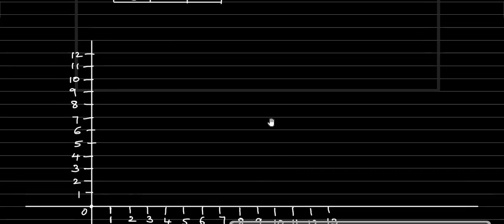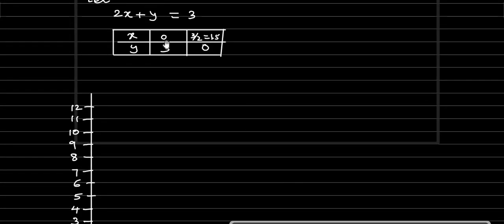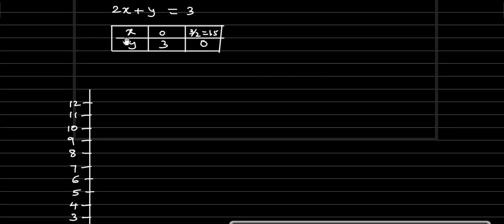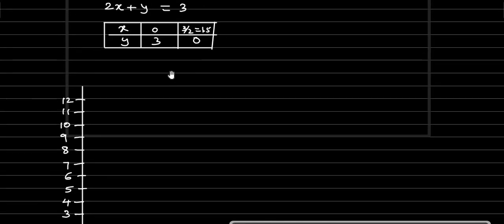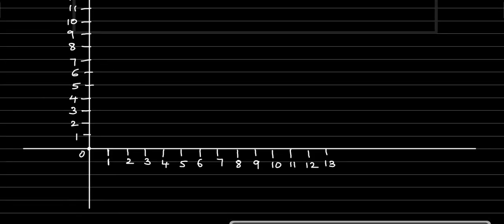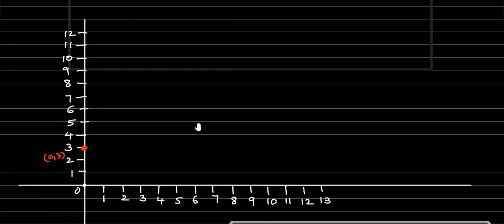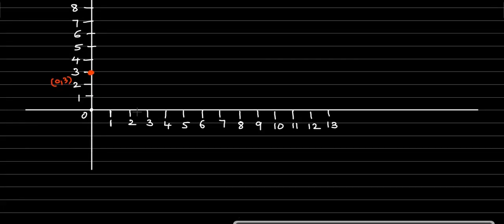Now let's plot the points. What's the first point that we got? 0 comma 3. If x is 0, it will be on the y-axis, right? So this particular coordinate point is 0 comma 3. And the next one, 1.5 comma 0. 1.5 is between 1 and 2, right?